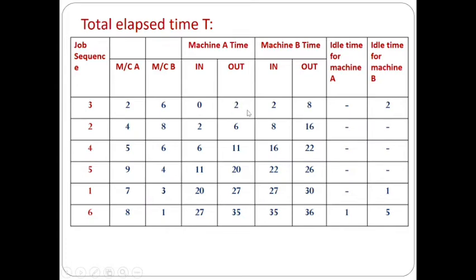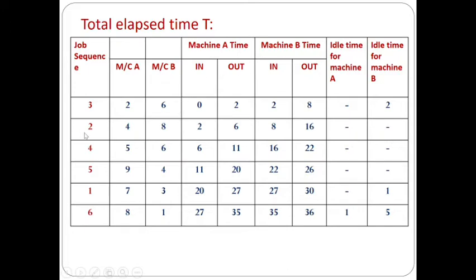At the same time it will be transported to machine B, and the time in on machine B will be 2, right? And the time out from machine B will be what? 2 plus machine B processing time, which is 6. 2 plus 6 is 8. Right?